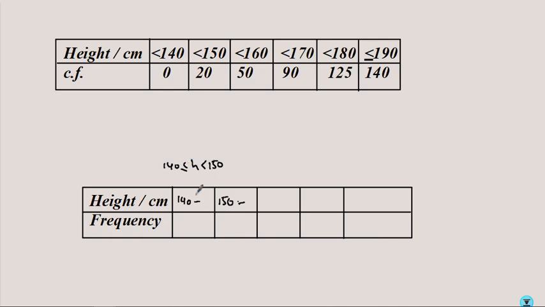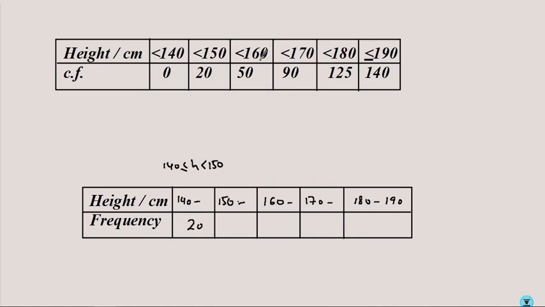This conveys the same information, but it's a lot easier to write it in this form. Keep in mind that because this is equal to, then this is 180 to 190. Now, this tells us that we begin at 140. This tells us that between 150 and 140, we have 20.